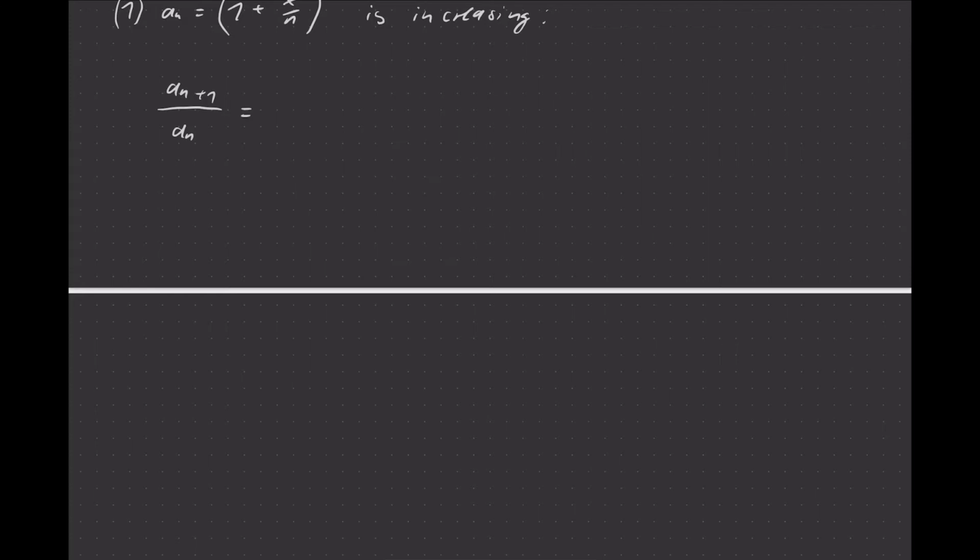Now, a_(n+1) is (1 + x/(n+1))^(n+1), and a_n is (1 + x/n)^n. To simplify this, let's find the common denominator for both expressions.